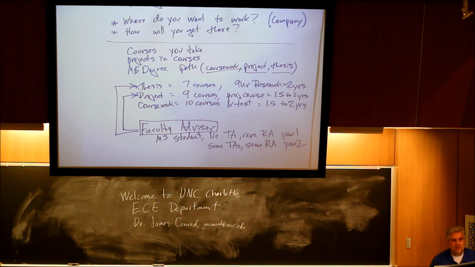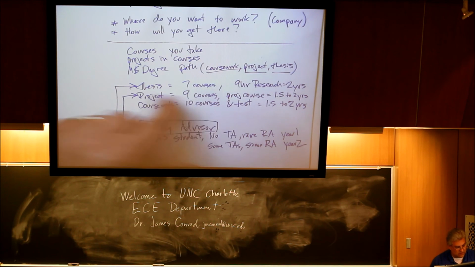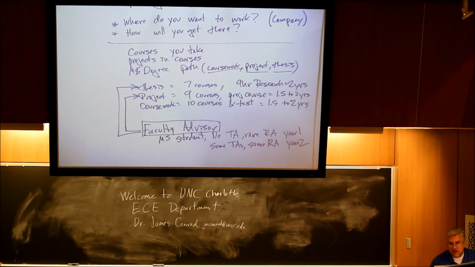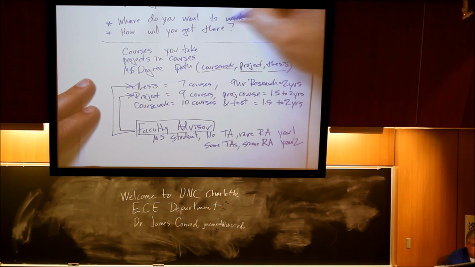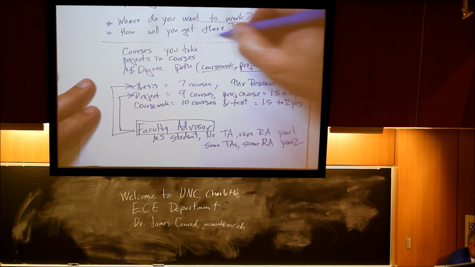So, I'm doing my share, but a lot of you have also decided to do the coursework and maybe shift into project if that happens. All right? So again, where do you want to work? How do you want to get there?